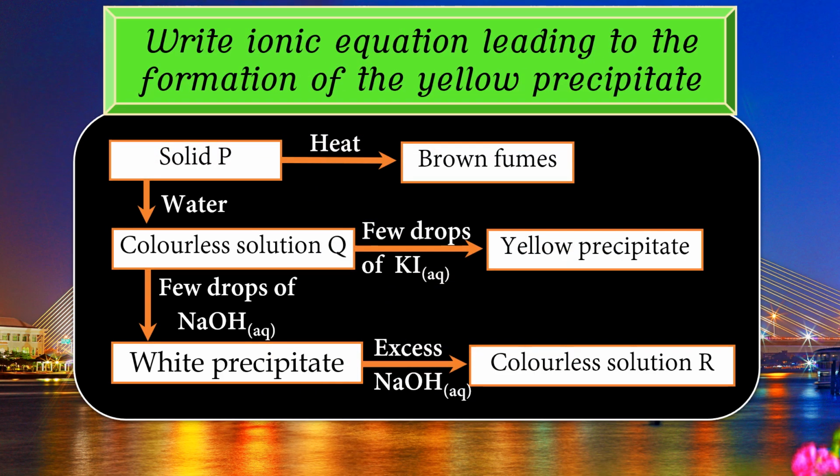Write the ionic equation leading to the formation of the yellow precipitate. This is our yellow precipitate. This yellow precipitate was obtained after adding a few drops of potassium iodide to lead.